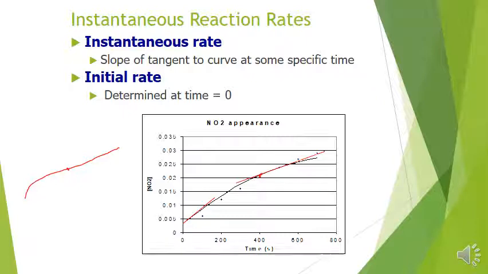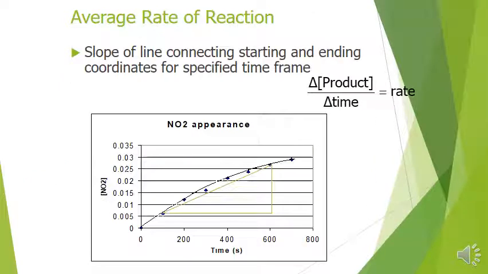The initial rate is where you measure right at the beginning. Like I said, as soon as you click, as soon as you turn this thing on, you measure its rate. And then the average rate is where you measure two points, both their beginning and end points, and also their times, and then just do a simple average.